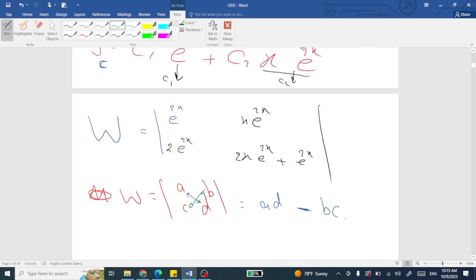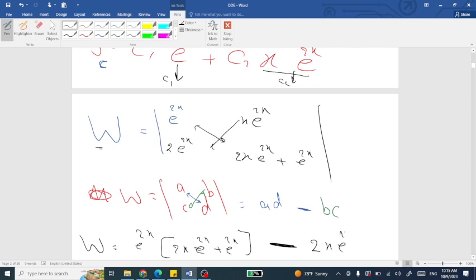Is that clear for you, dears? Shall I repeat it? No. So tell me, W is equal to what? I said W is equal to this one multiplied on the main diagonal, minus that one multiplied on the second diagonal. Clear?